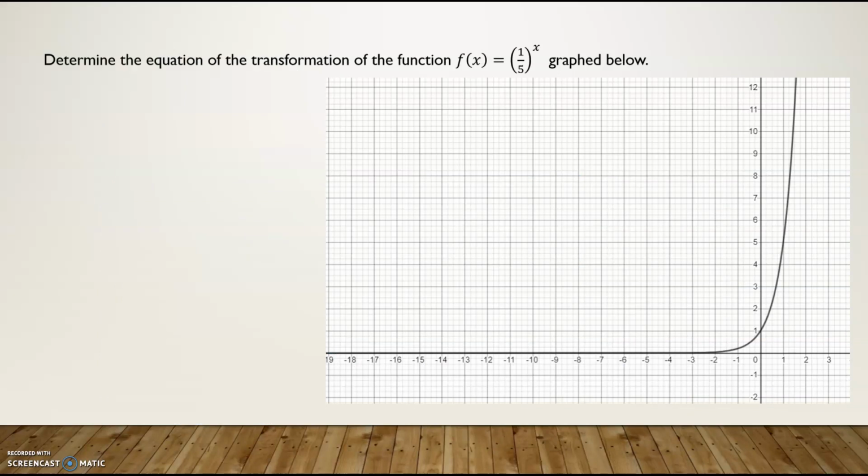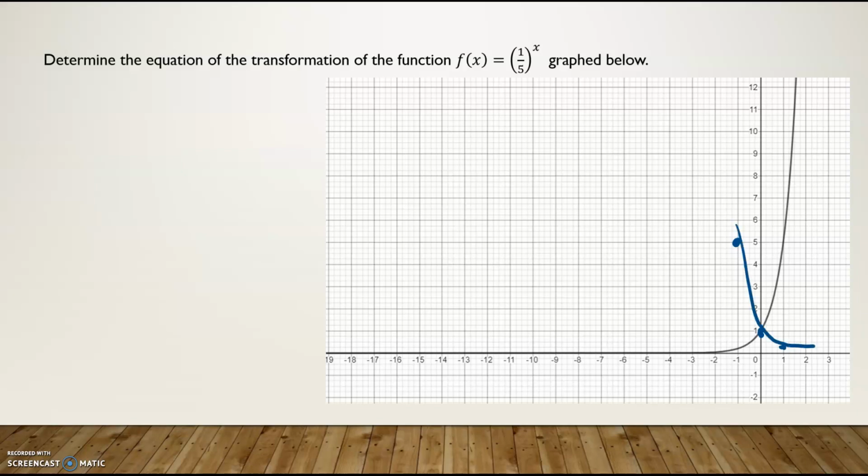Now let's look at this one right here. We'll go ahead and graph what we know about 1/5 raised to x. We've got negative 1, 5, so that'd be about here. And then we've got 0, 1, hey, that overlaps. And then we've got 1, 1/5.